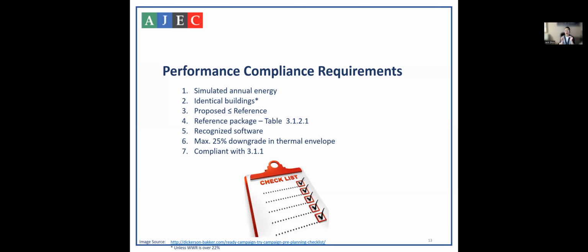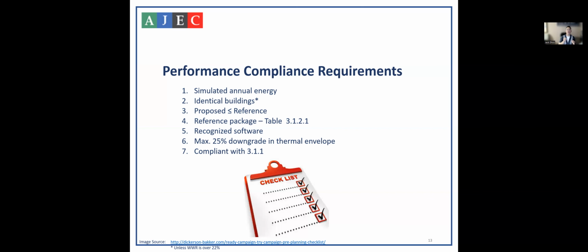They allow you to downgrade the amount of insulation, but no more than 25%. So that's what this is saying. You can make your house less thermally protected, but no more than 25% downgrade.